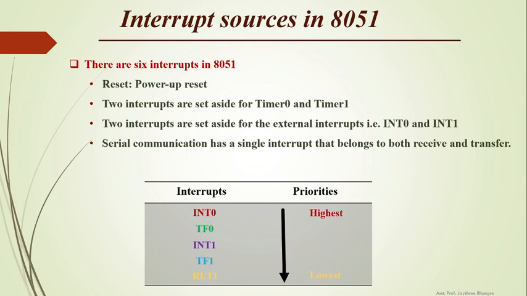Then TF1, or timer 1, has lower priority than INT0, TF0 and INT1 but higher priority than the serial communication interrupt, and the serial communication interrupt has the lowest priority. These are the default priorities assigned by the microcontroller, and we can change them by using the register called the interrupt priority register.